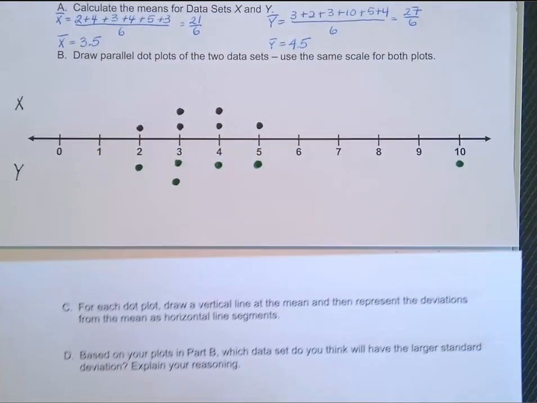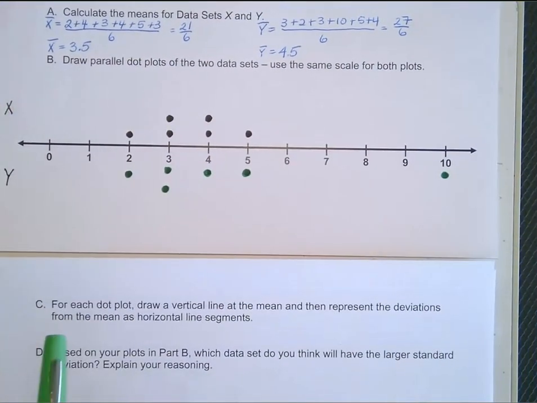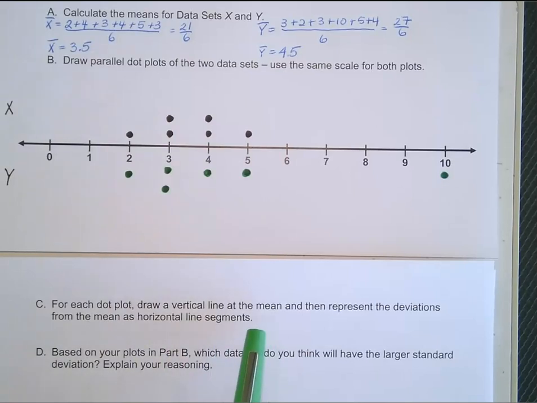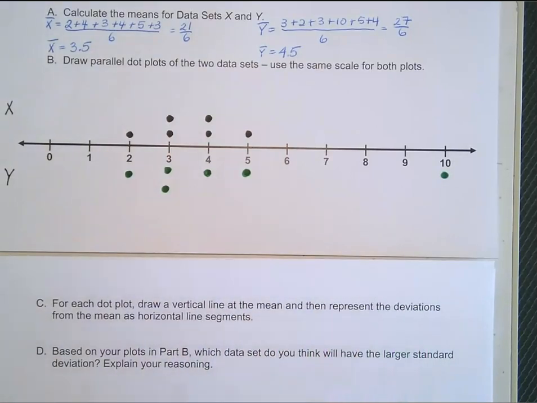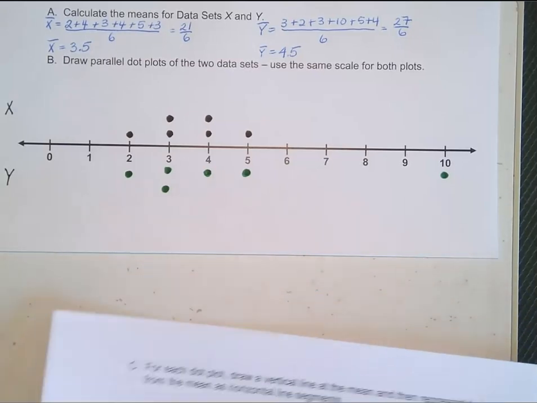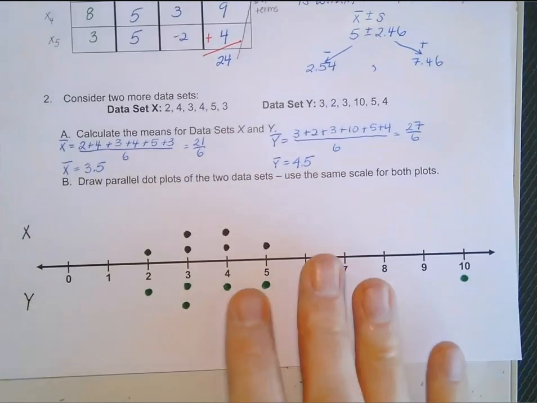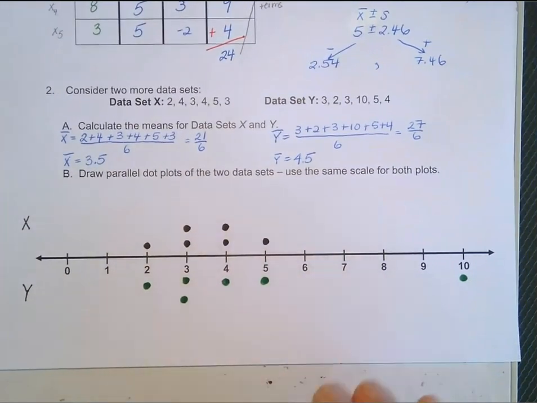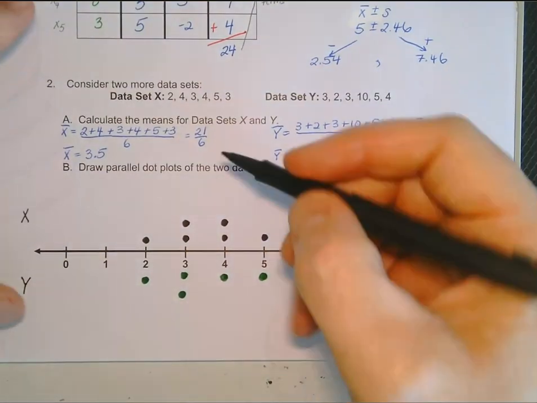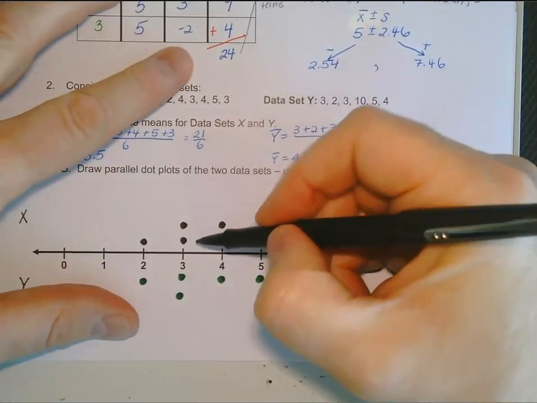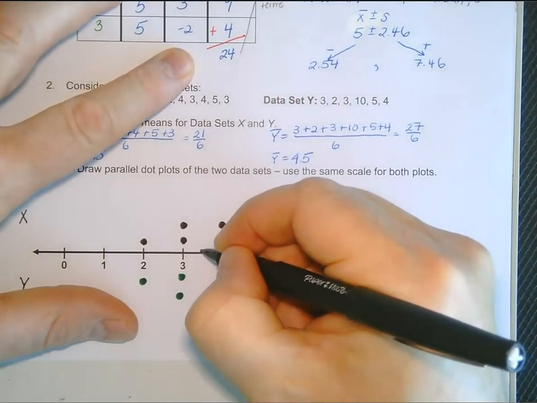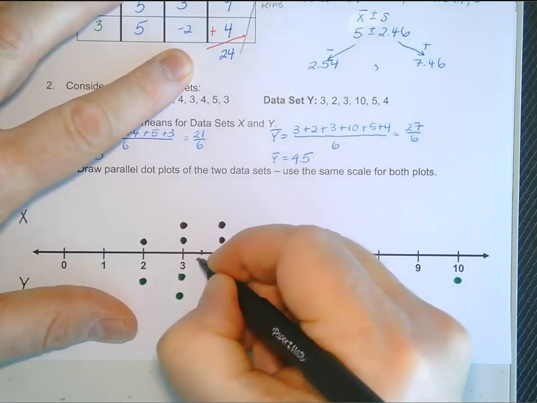Okay. So then part C says, for each dot plot, draw a vertical line at the mean, then represent the deviations from the mean as horizontal line segments. Okay, so I'm going to put the mean in. I'm going to bring this back down and just focus on this. This is what they're asking us to do. So the mean for X was 3.5, so this is about 3.5 here.